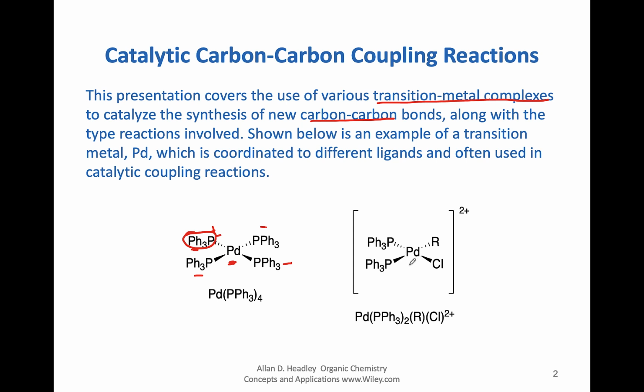Here's another example. Palladium again bonded in this case to 2 triphenylphosphine, an alkyl group here, a carbon-containing alkyl group, and over here a chlorine. So the transition metals are coordinated to different ligands, but the main aspect here is the transition metal that's used for these type reactions.